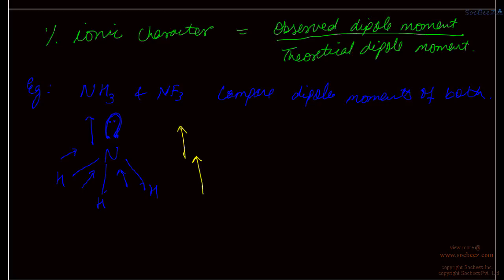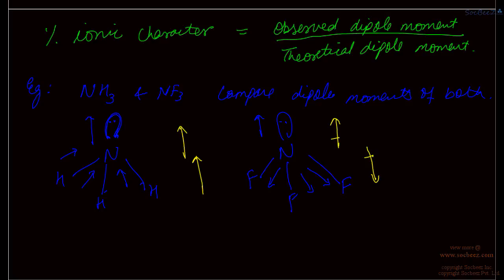But in the case of NF3, the situation is reversed. Since fluorine has more electronegativity than nitrogen, fluorine pulls the electrons towards itself. And here the lone pair pulls the electrons towards itself. Therefore, in NF3, the dipole moment is very small, because the lone pair pulls electrons towards itself and the fluorine pulls electrons towards itself.